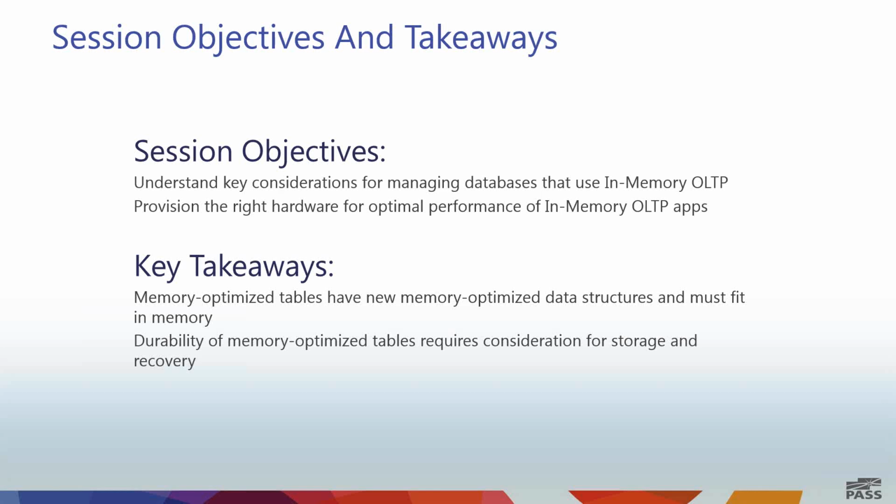All these things don't apply. We have completely new data structures optimized for in-memory. Every row is always addressable by the same 8-byte pointer, 8-byte memory address. One consequence is that all the data of your tables and indexes does need to fit in memory.